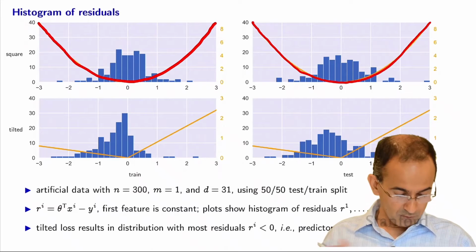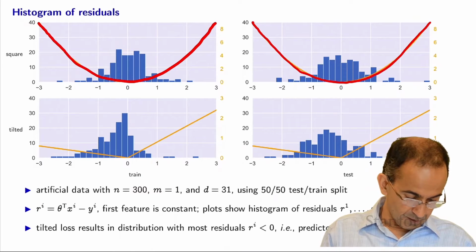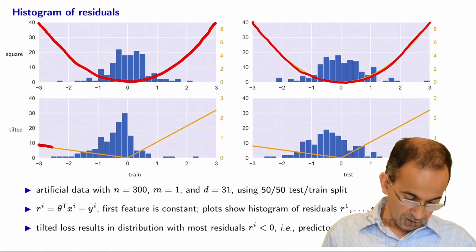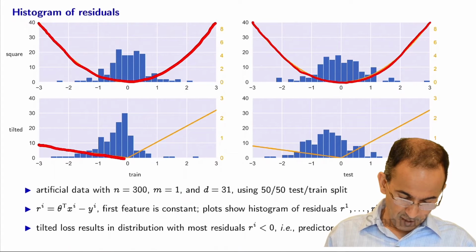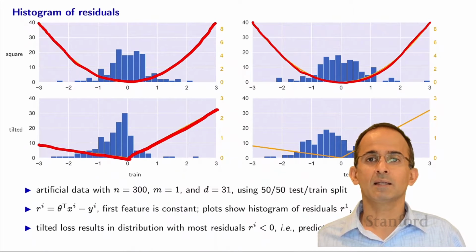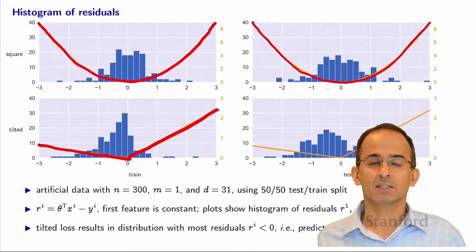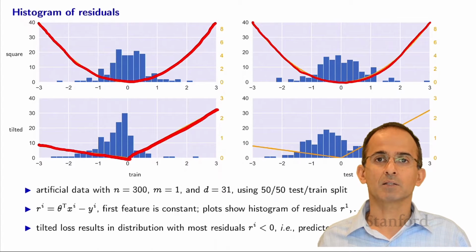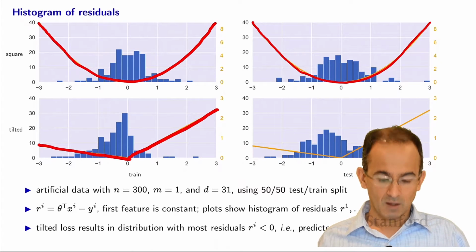Now we also try this with the loss function being the tilted penalty of the residual. So in other words, the loss of y hat comma y is the tilted penalty function of y hat minus y. And what do we see?